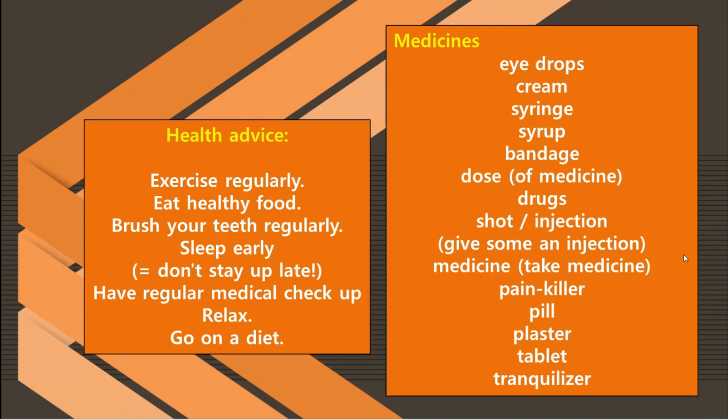Okay, this is about some vocabularies related to the medicine. Okay, you can take a look on the dictionaries related to this one if you are not familiar about this kind of vocabularies. Okay, now thank you, and now we come to the next slide. What is that? This one we are going to know about some problems of the health.